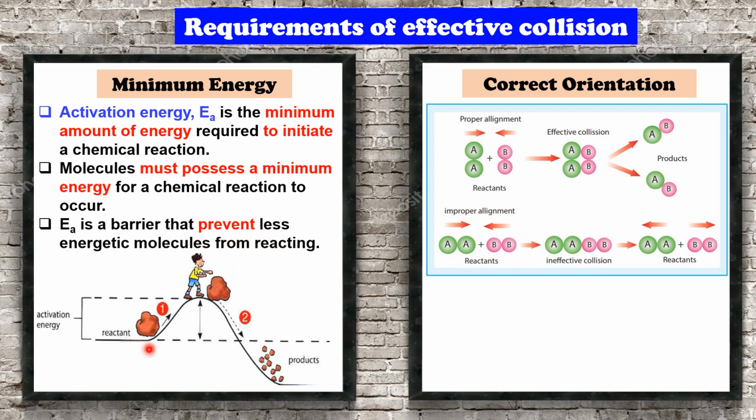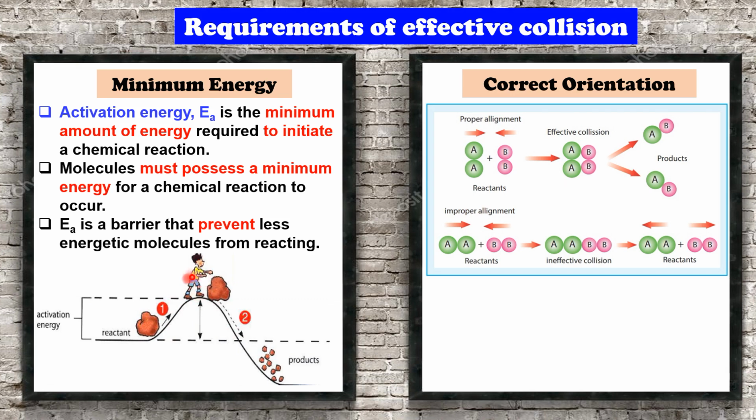This is an analogy for the activation energy. Imagine a boy wants to push a rock over the hill. The hill here refers to the activation energy barrier. Of course the boy takes some energy to push the rock up the hill, which means a minimum energy is required to initiate the reaction.